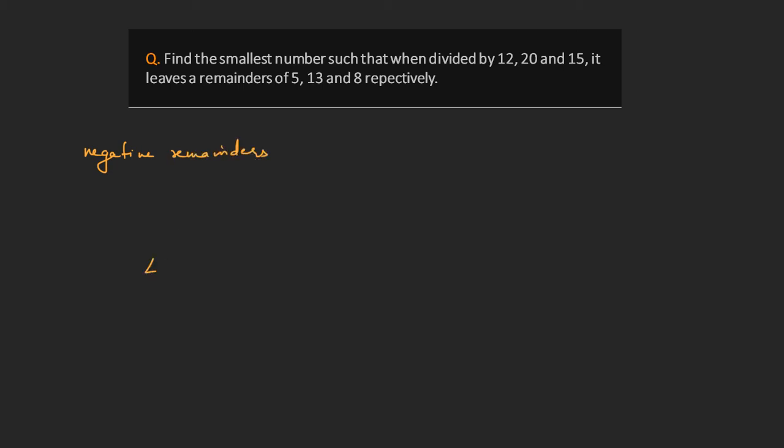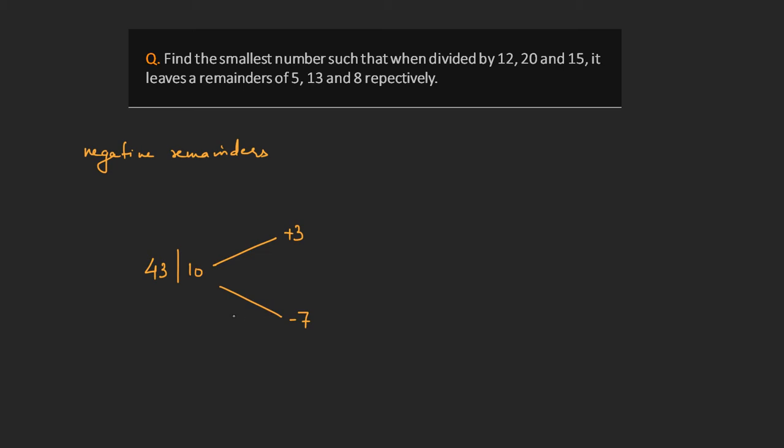Consider the number 43. If you divide 43 by 10, you get a remainder of 3. This is a positive remainder, the type that we usually see. To get the negative remainder, just subtract 10, the divisor, from this remainder. 3 minus 10, negative 7. Now, what does a negative remainder mean? Let me explain.